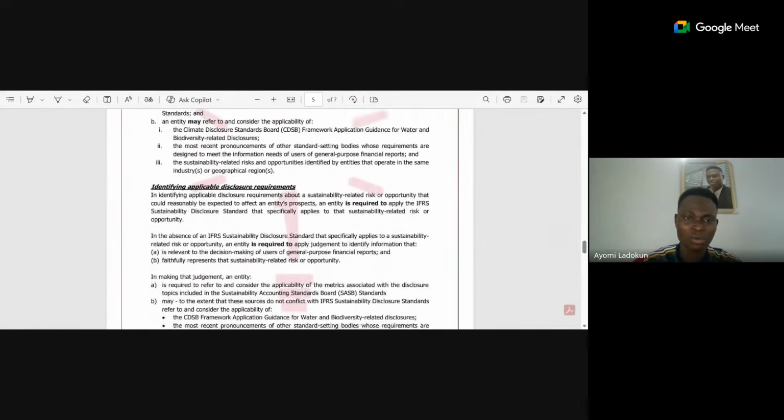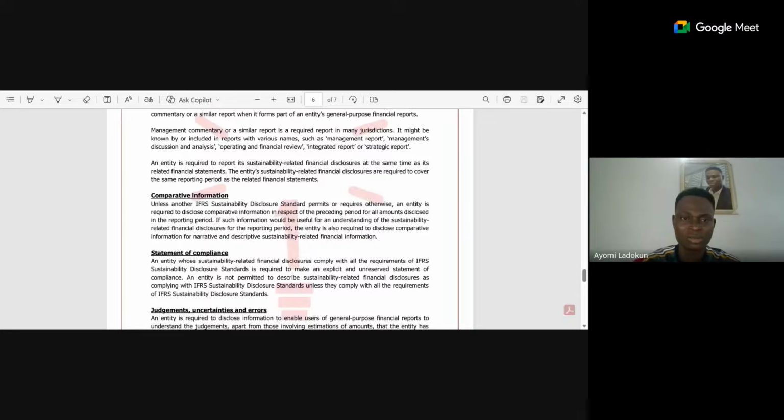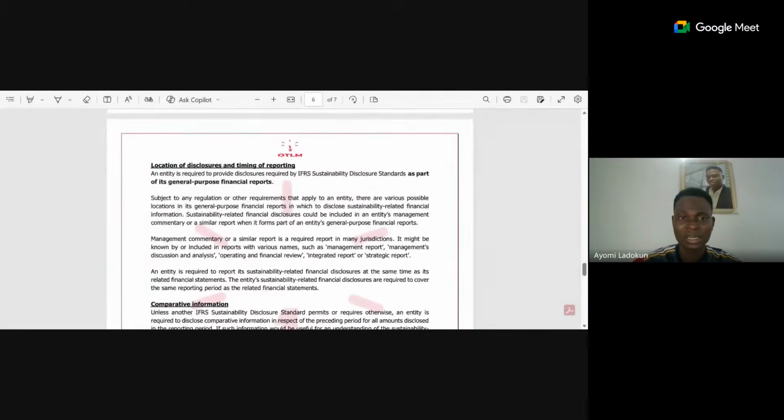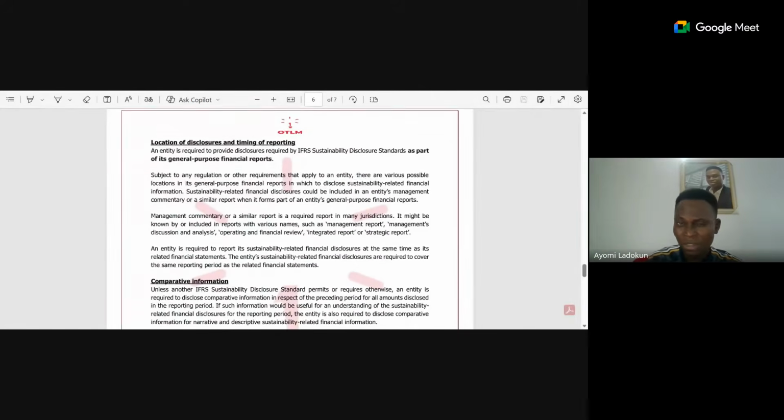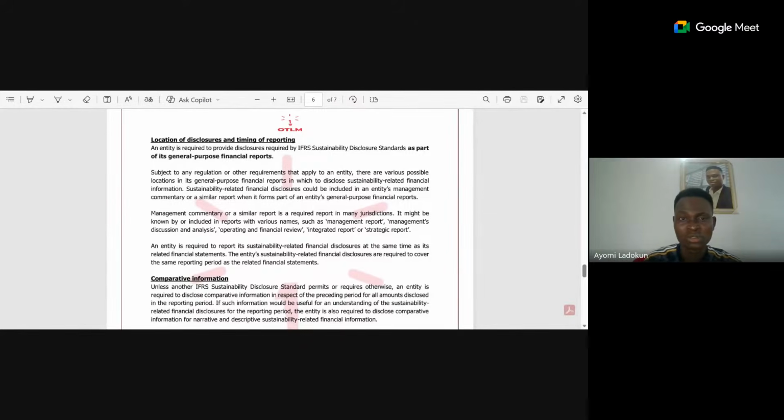Then you also have some general requirements. Don't let me bother you on all of this. The general requirement is around location of disclosure and timing of reporting. So it's just telling us where you locate it in your financial statement or your annual report, and the timing of reporting. Obviously, the sustainability related financial information you are disclosing must relate to the same period as your financial statement. That's what that is saying.